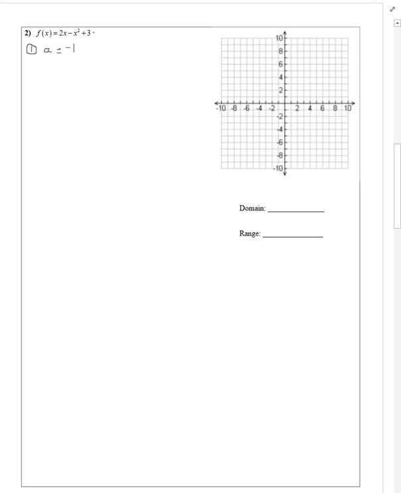Well, if you notice, the x squared term is written second here, so we really need to rewrite this with our x squared term first. So that gives us a -x squared plus 2x plus 3, and now it's easy to see that our a is a -1. So this one opens down.